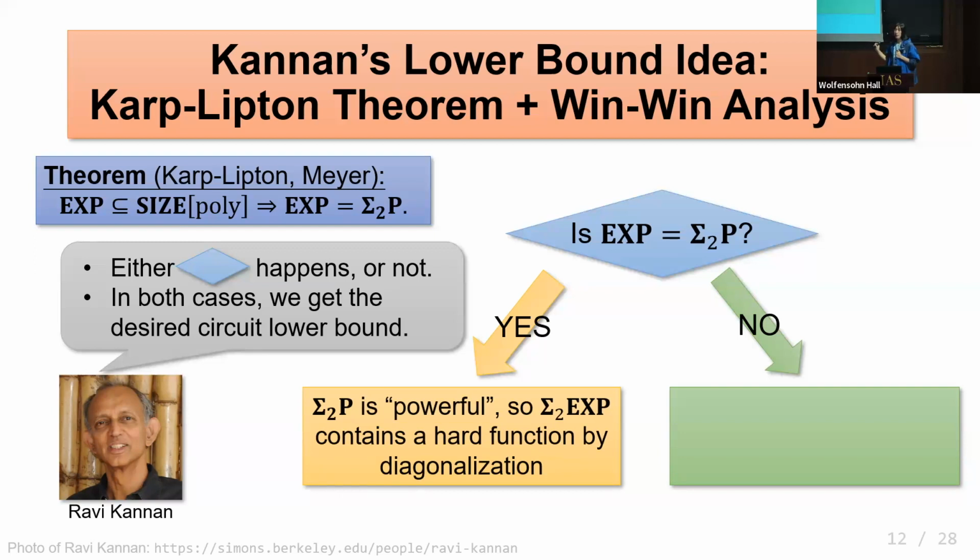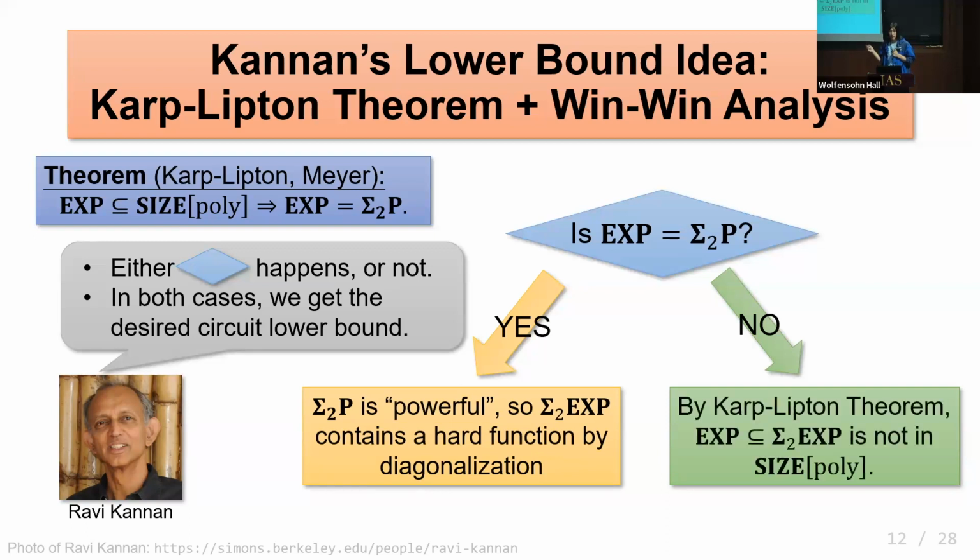If exponential time collapses to sigma 2 P, then this is sigma 2 EXP. On the other hand, if EXP is not equal to sigma 2 P, then by the Karp-Lipton theorem, we directly have a circuit lower bound for EXP, which is also a circuit lower bound for sigma 2 EXP. So in either case, the circuit lower bound will hold.